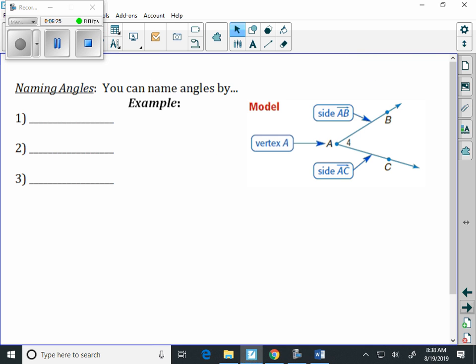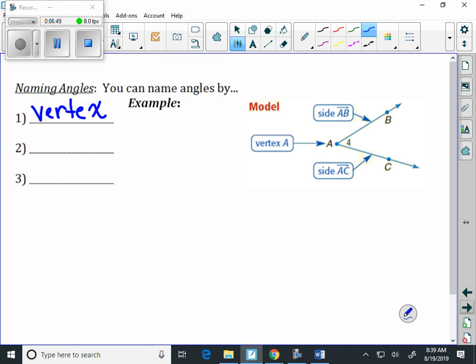So as we skip down to the next part here, I said that I have a better picture here. And it actually ended up to be the same picture roughly that I had. Here it says you can name angles by the vertex. And notice where our vertex is.